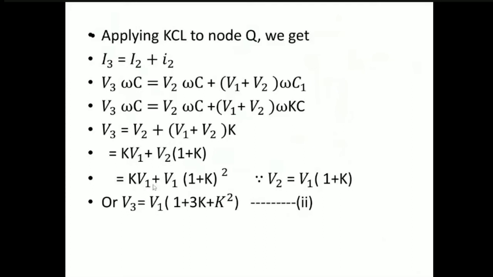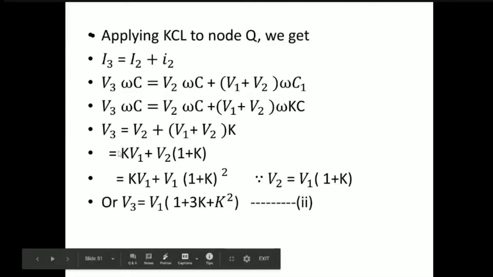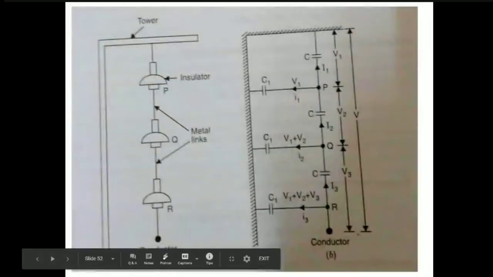Substituting V2 equals V1 into (1 plus K) from equation 1, V3 is equal to V1 into (1 plus 3K plus K square). Let this be our second expression.